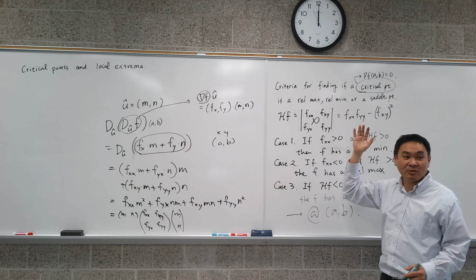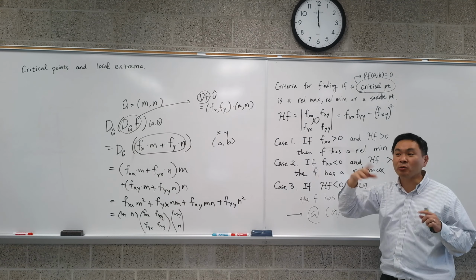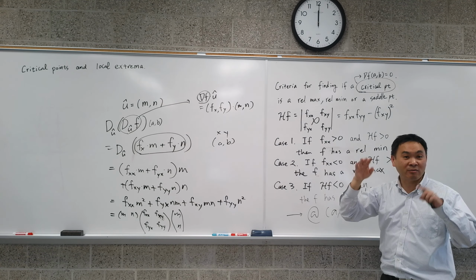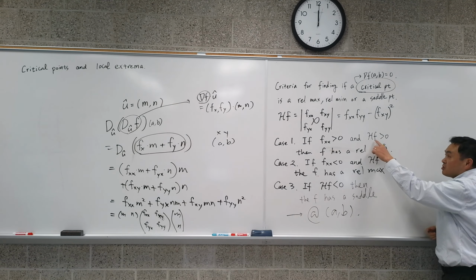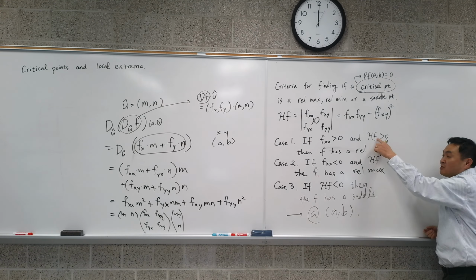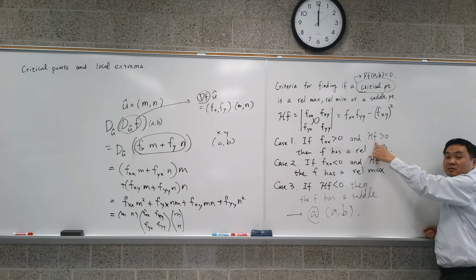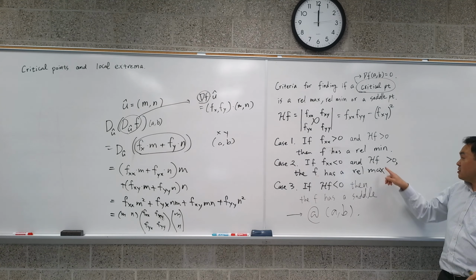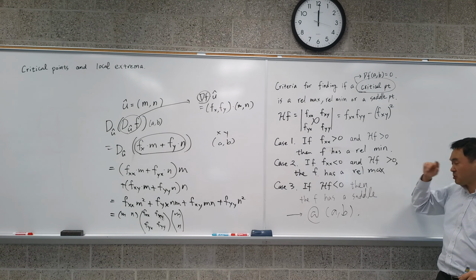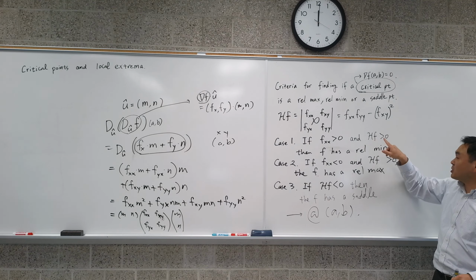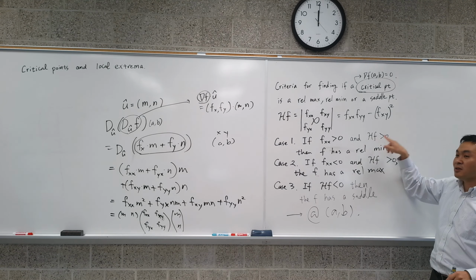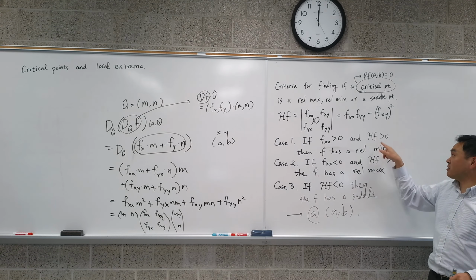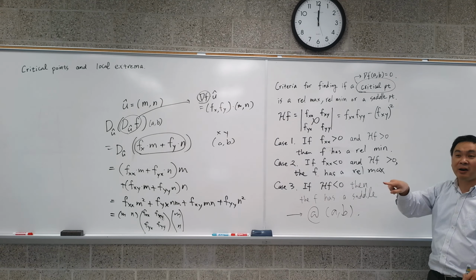If that's positive, that means both eigenvalues are positive or both eigenvalues are negative. So what this condition is saying is that if the second directional derivative is positive in one direction, then it's positive everywhere.